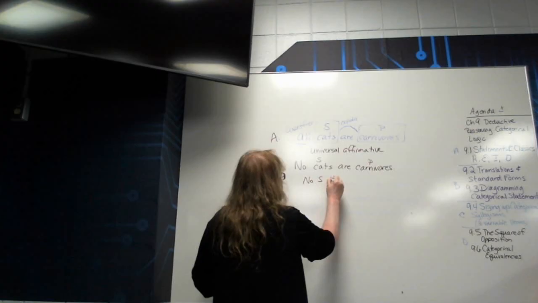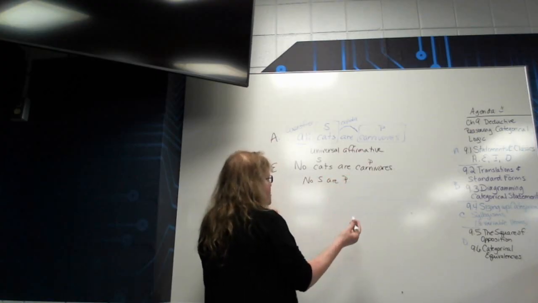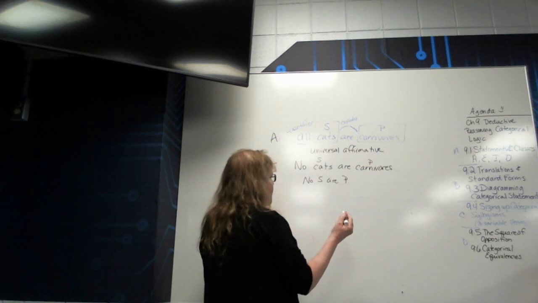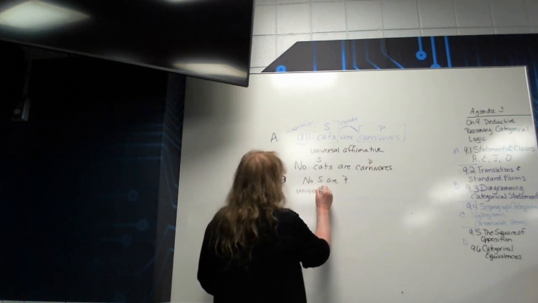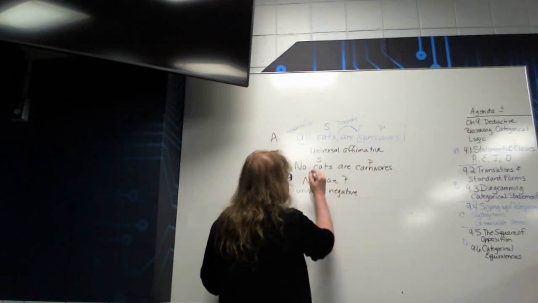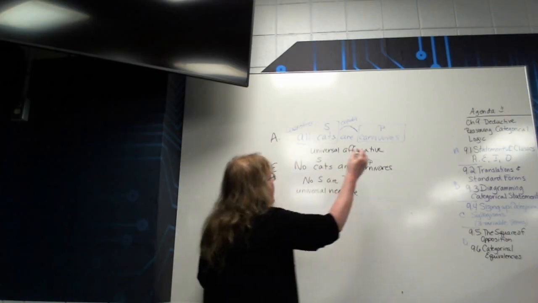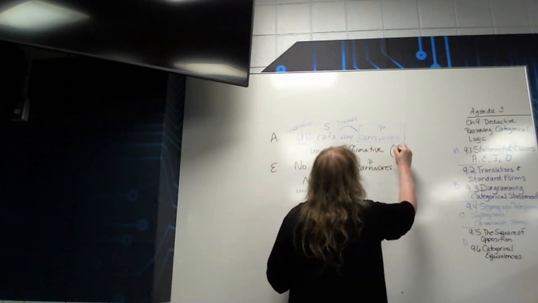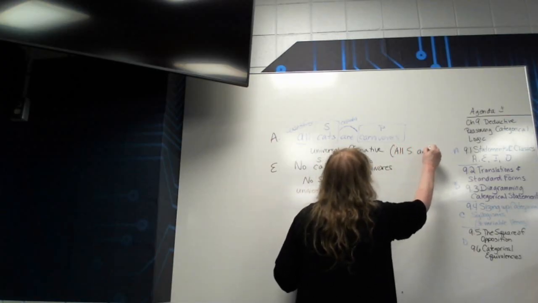No S are P. Okay, that's my sentence, that's my translation, standard form, whatever you want to call it. Okay, this is a universal negative, because we're saying there are no cats on the planet that are carnivores. Okay, I'm going to put this here. This is all S are P. You don't need that period there.